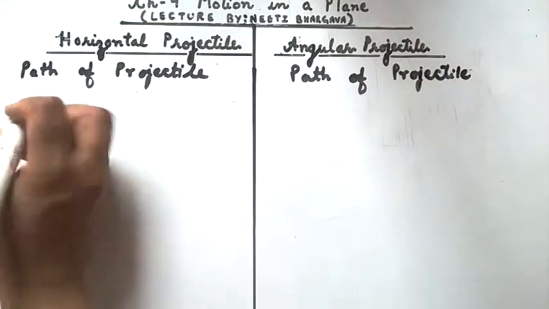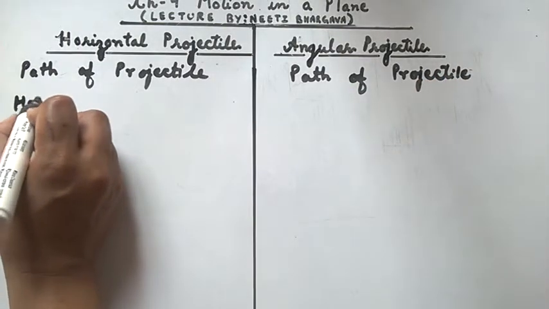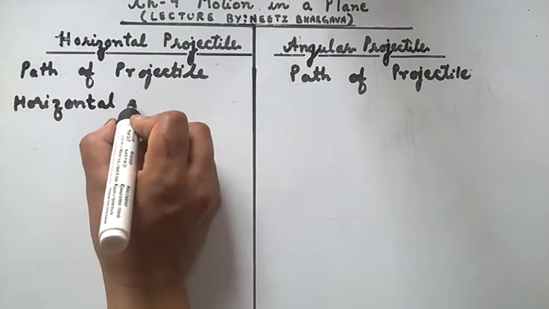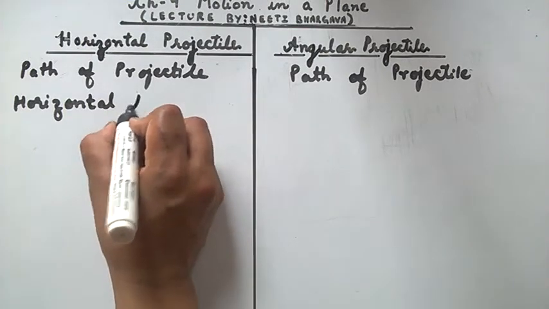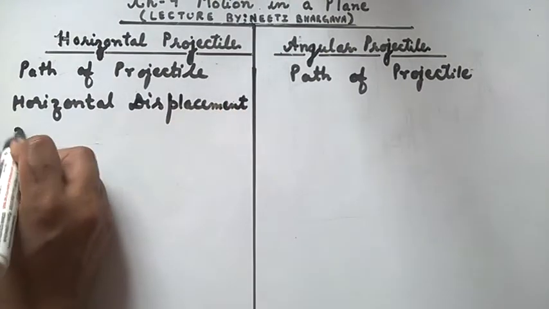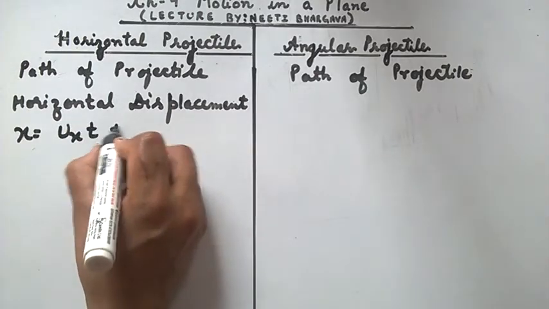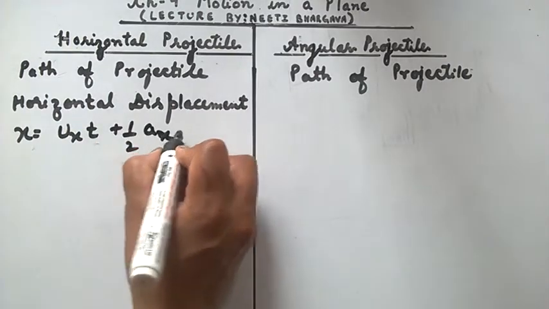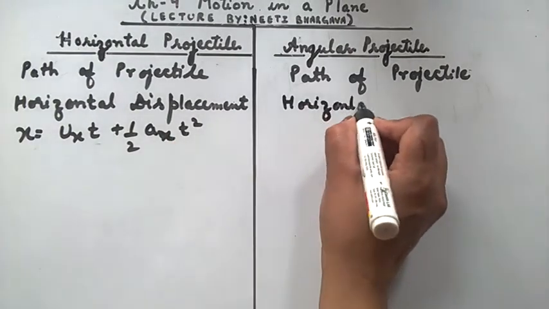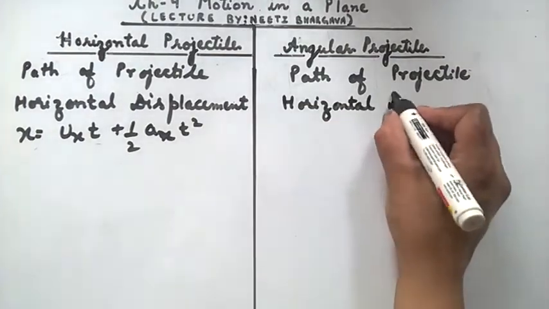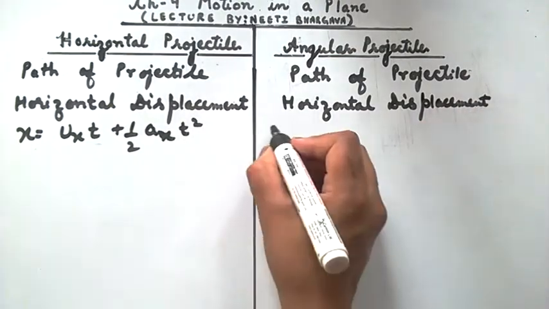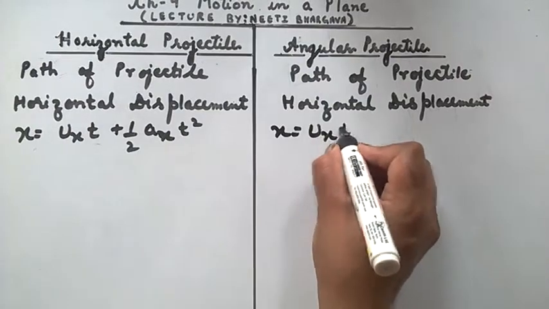So here horizontal displacement is along the x-axis, thus the equation of motion along the x-axis is x equivalent to uxt plus half acceleration along x-axis into t square. Similarly, here also horizontal displacement is along the x-axis and the equation of motion along the x-axis is given by x equivalent to uxt plus half axt square.